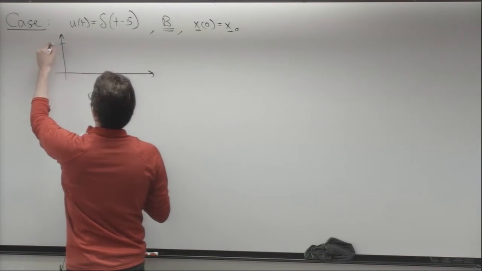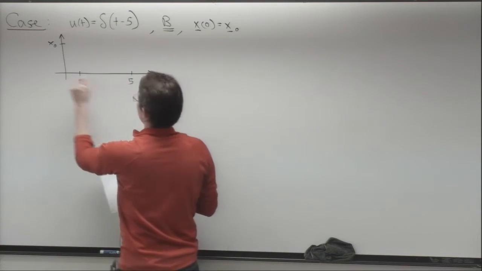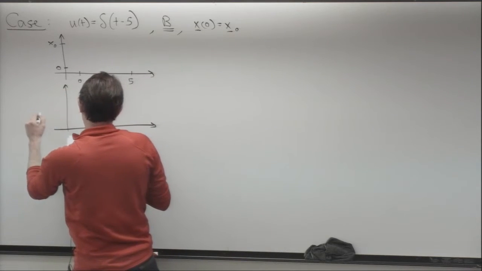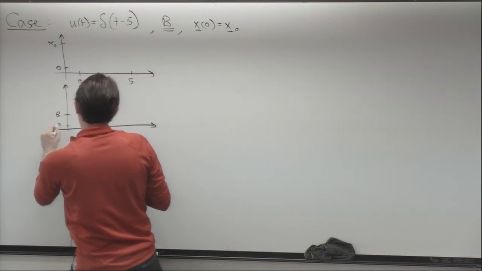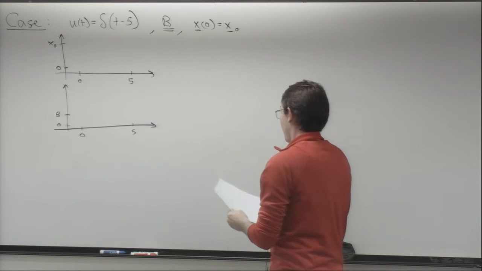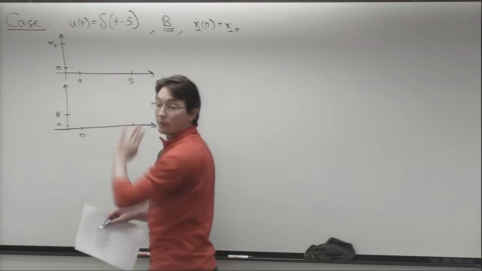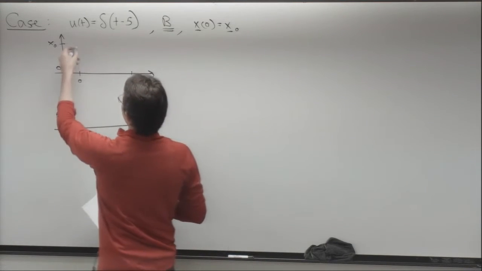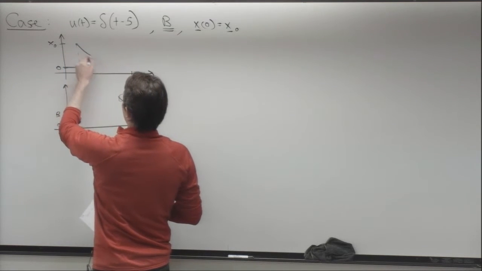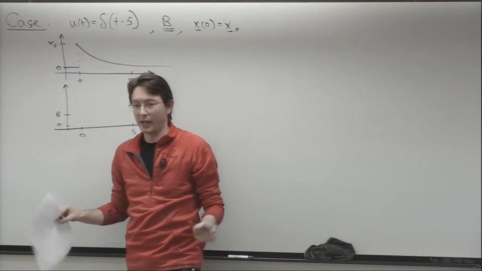So we have our initial condition response. I'm going to try to draw this nicely. For the initial condition, if we acted like there was no forcing, then the solution would start at x naught at time 0, and it would do whatever my natural dynamics A are, which I'm going to draw as an exponential decay, but A could be whatever.